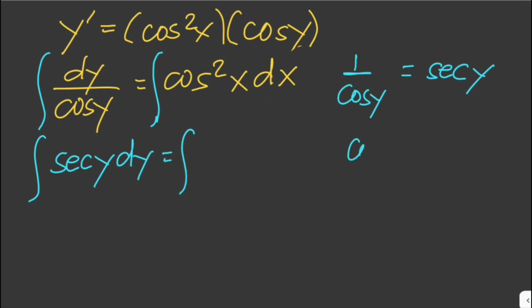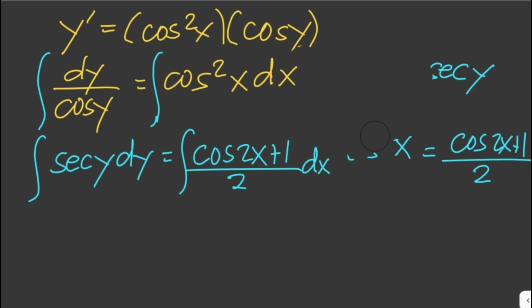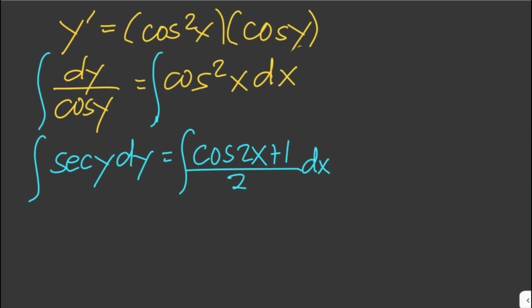And for cosine squared x, we can use the double angle identity: cosine squared x is equivalent to (cosine 2x plus 1) over 2. So we can write cosine squared x as (cosine 2x plus 1) over 2 dx. And now let's integrate both sides of the equation.